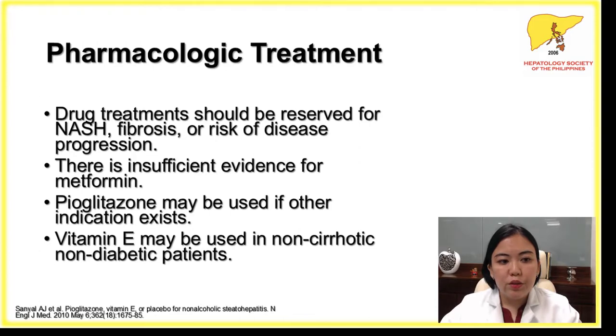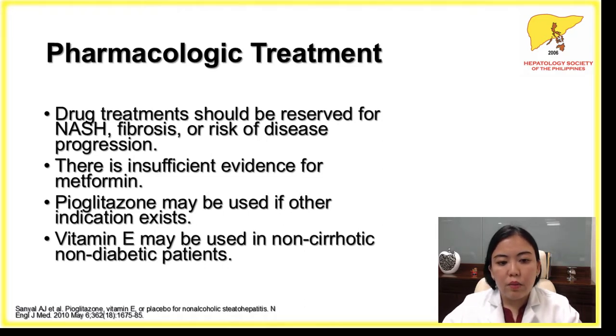Pharmacologic treatment should be reserved for patients with evidence of progressive NASH or early NASH with risk factors for progression. Risk factors include age greater than 50, diabetes, metabolic syndrome, or active NASH on biopsy. No drug is currently approved specifically for NASH. Any drug treatment would be off-label. There is no recommendation for metformin due to insufficient evidence.